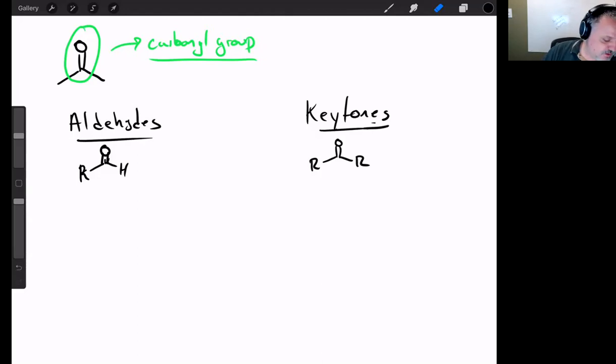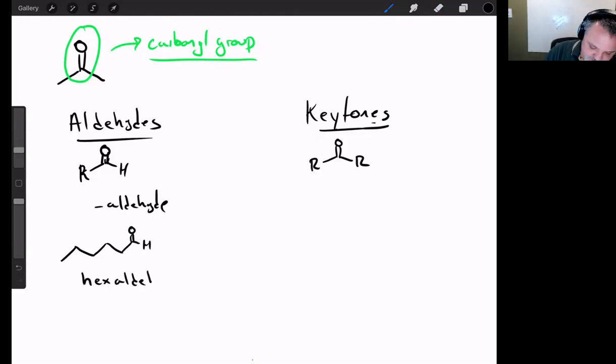All right. So how do we do this? Aldehydes are named with the suffix aldehyde. So if I did 1, 2, 3, 4, 5, 6 carbons in a carbonyl group followed by a hydrogen, this would be hexaldehyde. Not much going on there, hexaldehyde. What if I added something like this to it?